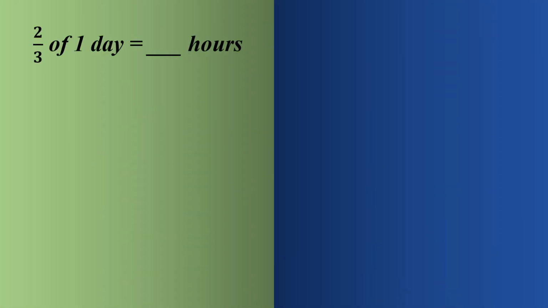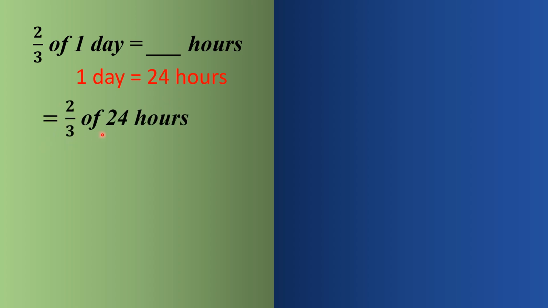Next question is 2 by 3 of 1 day equals to fill in the blank hours. And we know that 1 day equals to 24 hours. So we need to find out 2 by 3 part of 1 day. It means we will replace this 1 day with 24 hours. Then we will calculate 2 by 3 of 24 hours and just replace this "of" by the sign of multiplication. 2 by 3 multiply 24 hours.